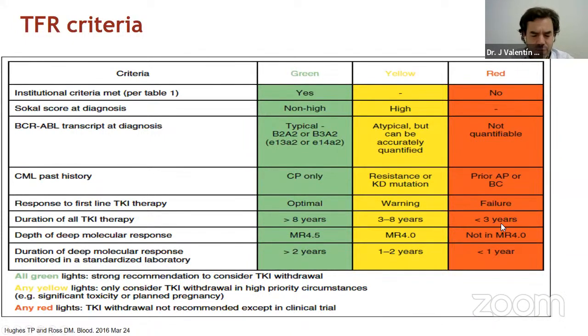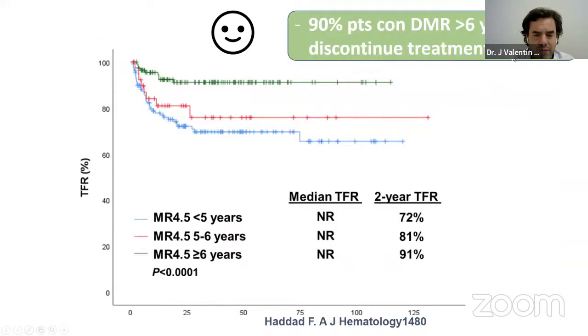When our patient fulfills all these criteria, it is possible to perform it not only in a clinical trial but also in the real-life setting. And this is a paper from the MD Anderson group showing how we can do even better and how important the time of treatment is.